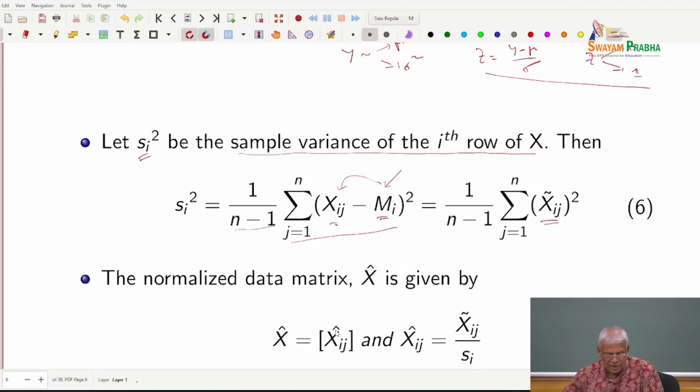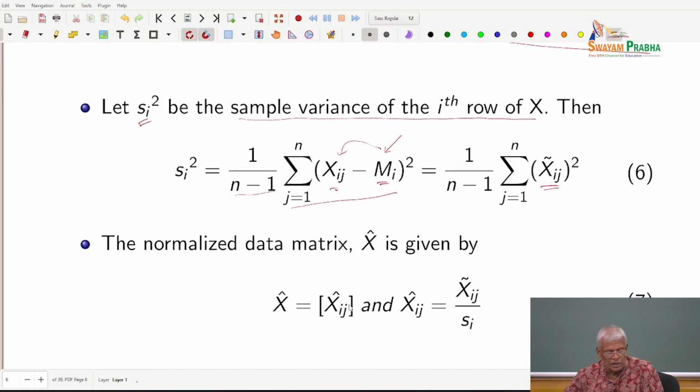If I do this for each row, I have one variance per row. I am now going to normalize the data matrix. The normalized data matrix is going to be called x hat. So x, x tilde, x hat: original data, centered data, normalized data.